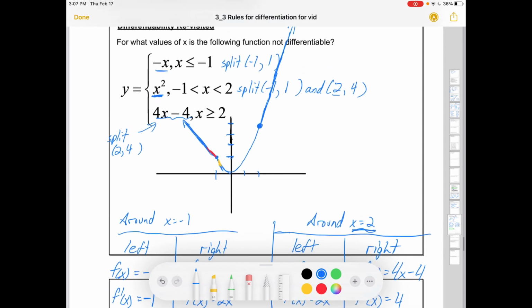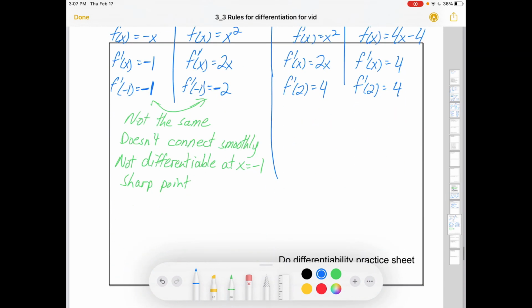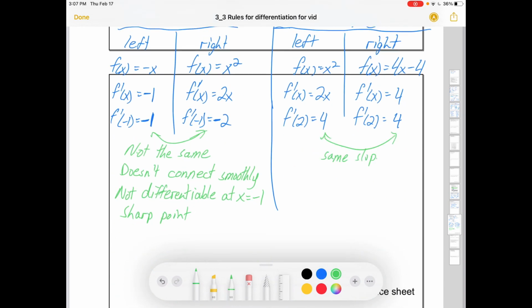That means that this passes off nice and smoothly, and it looks that way on my graph. I did my best to do a half-decent graph. It turns from a parabola into a line very smoothly. Same slope, connects smoothly, therefore differentiable at x equals 2.